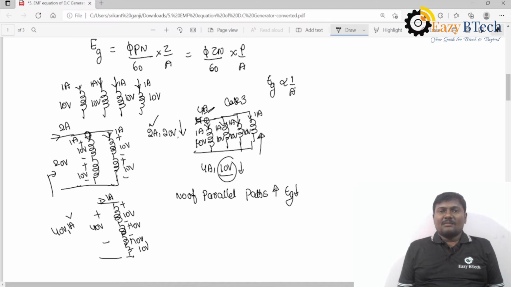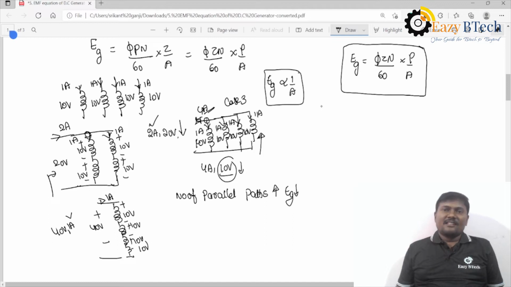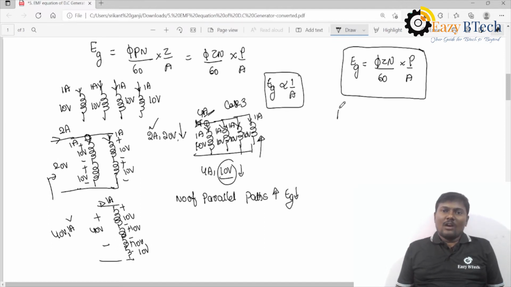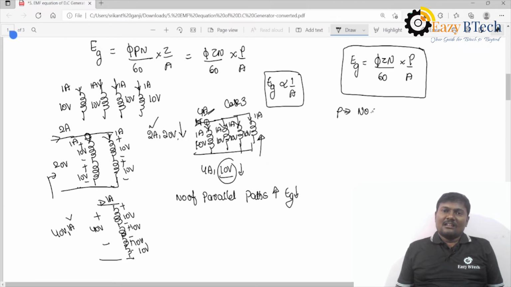That's why, as I said, Eg is inversely proportional to the number of parallel paths. Eg is the generated EMF. Your finalized equation is phi Z N by 60 into P divided by A, where P is the number of poles, A is the number of parallel paths, and Z is the number of conductors.